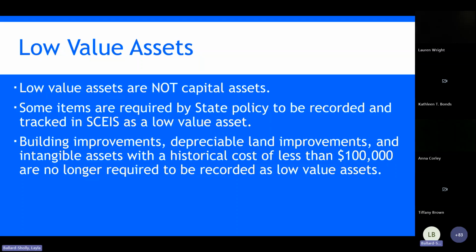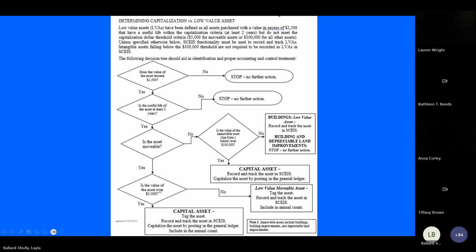I'll show you the next slide, kind of how that works. But I tweaked the flow chart that is our policy for this to make it clearer that building improvements, depreciable land improvements, and intangibles that fall below the threshold, you don't need to record them as low value assets. This is, I'm sorry if it looks small, from our manual.